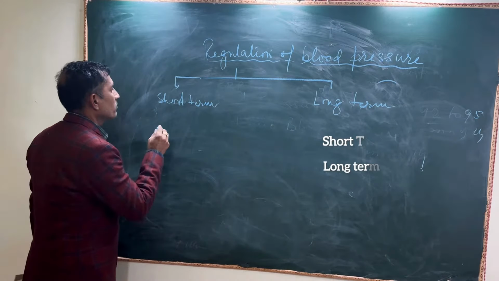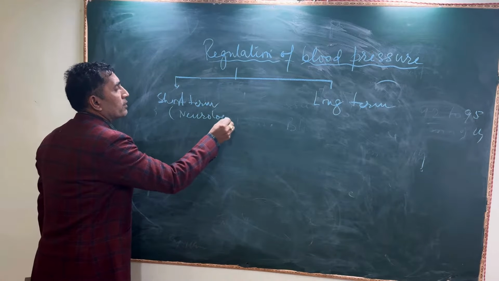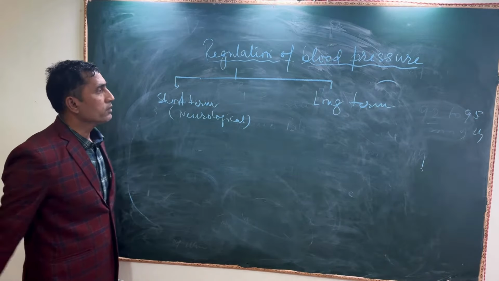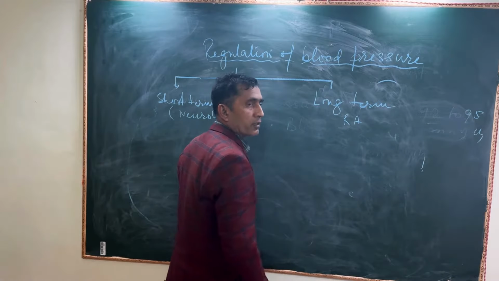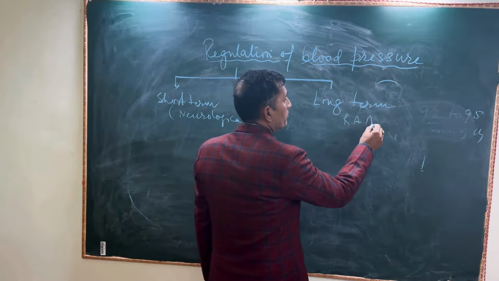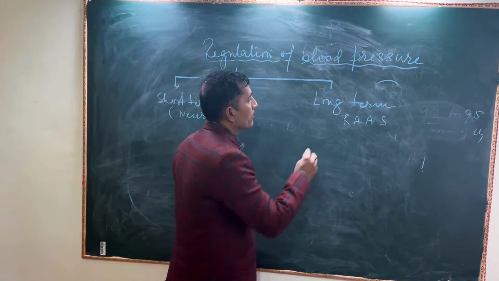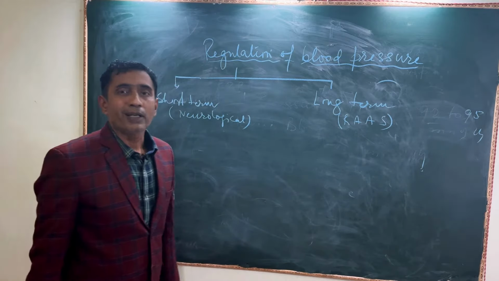The short-term regulation is actually neurological regulation. Neurons are involved. But the long-term regulation is called the renin, angiotensin, aldosterone mechanism, briefly called RAS.